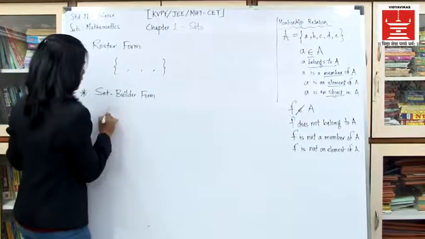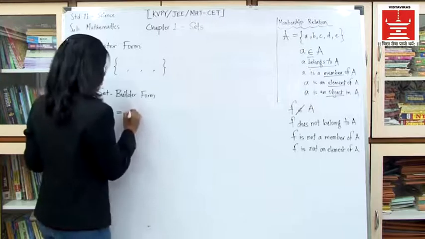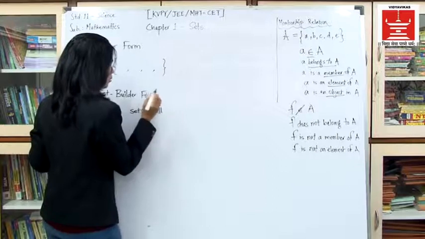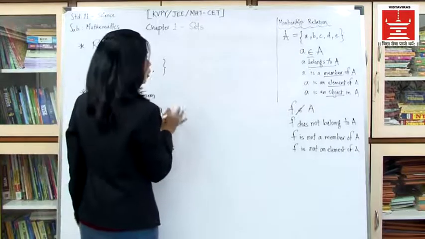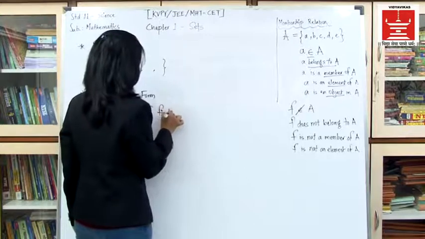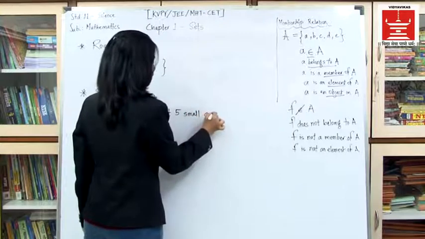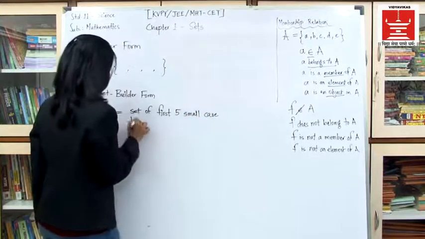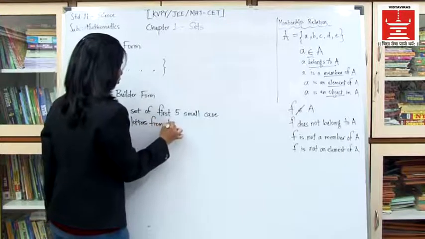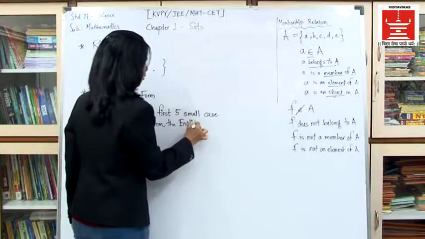So this set A can also be written, in words, as set of first 5 small case letters from the English alphabet.